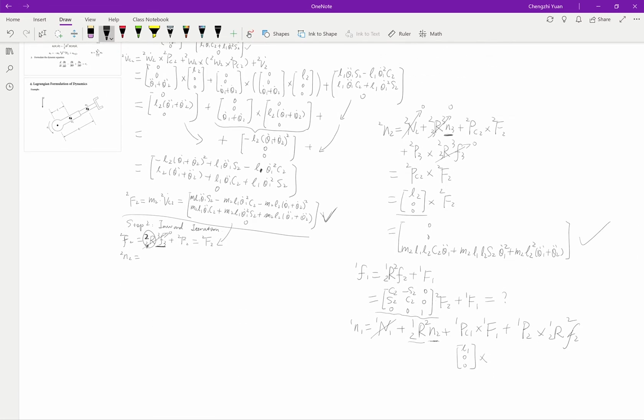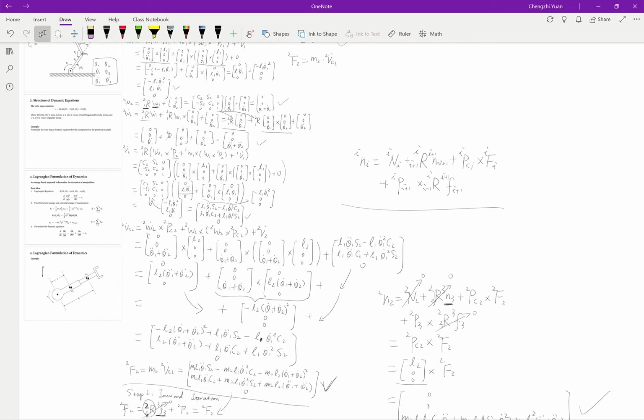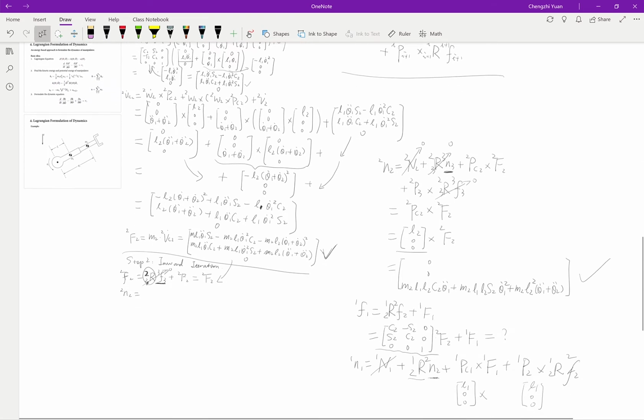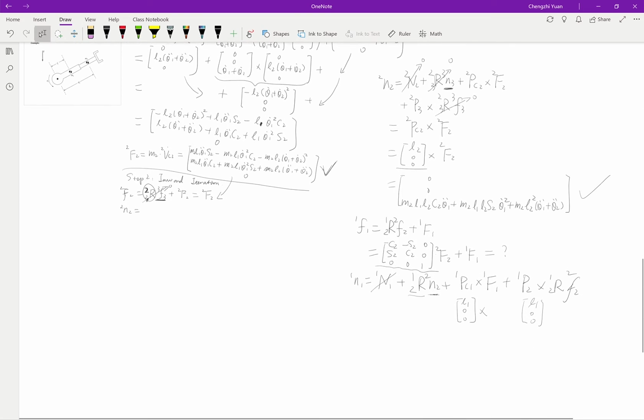And P_2^1 would be which one? It would be L1, 0, 0, the same as P_{C1}^1. The reason is that the center of mass is coincident with the tip point of the first link.